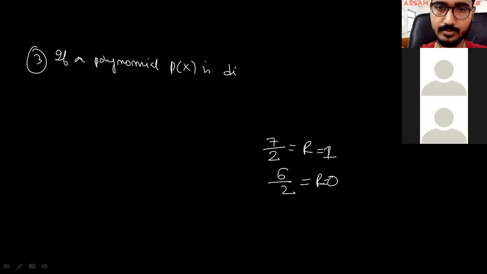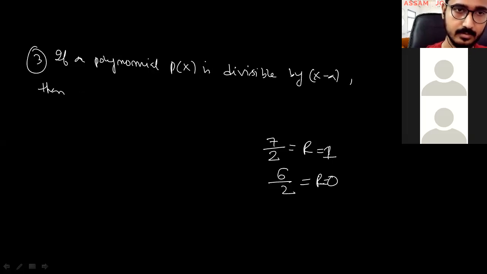But divisible by 2 means when you divide 6 by 2, you will get remainder 0. So write down: if a polynomial P(x) is divisible by x minus a, then P of a equal to 0.